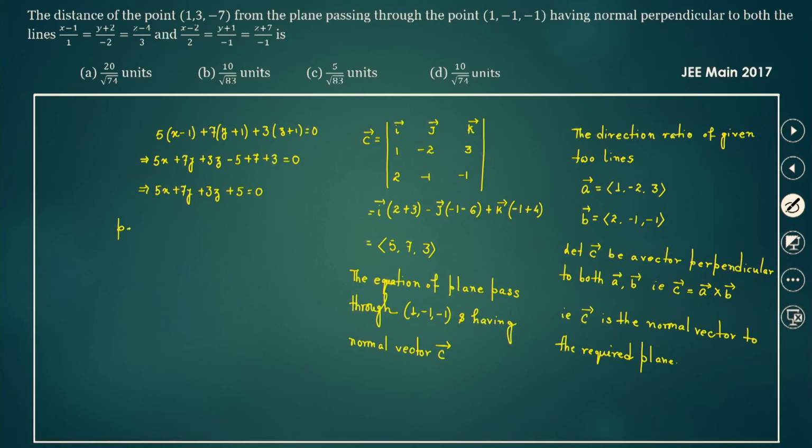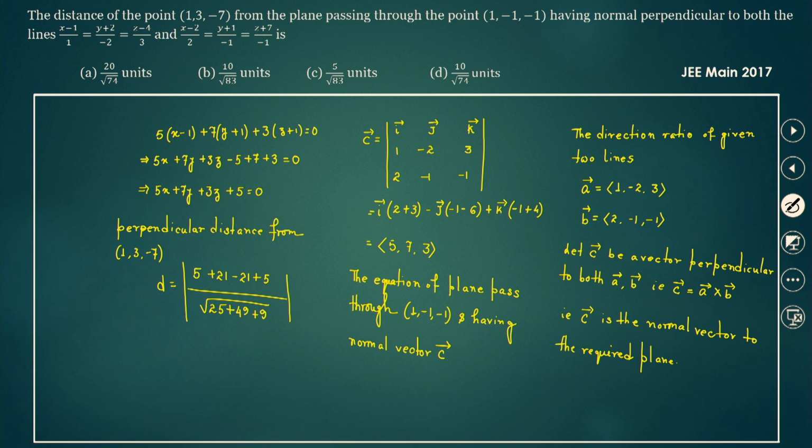So the perpendicular distance from the given point (1, 3, -7) is D equals the modulus of (5 plus 21 minus 21 plus 5) divided by the square root of 5 squared plus 7 squared plus 3 squared.